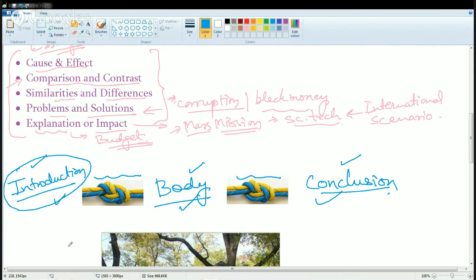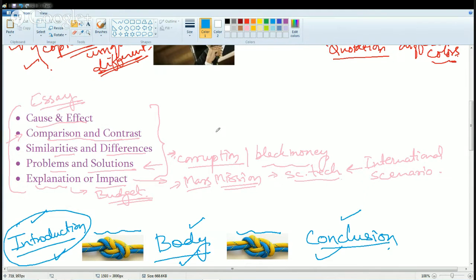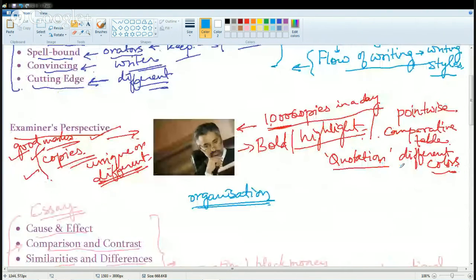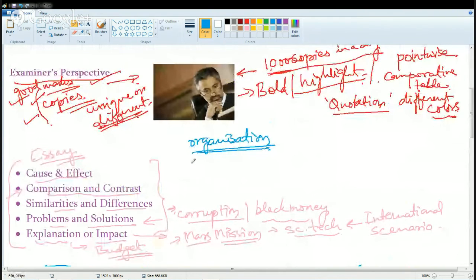Before we start with the introduction, what is important here is the organization of an essay. You have a theme on which you are about to write. First of all, you will try to understand it, analyze it and form opinions, then you will develop a flow of writing in mind. Once you have developed a flow of writing, you will say, okay, an introduction is a must, I'll write an introduction. Then the next thing can be varied.